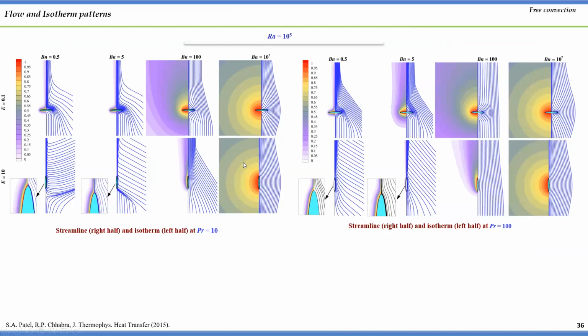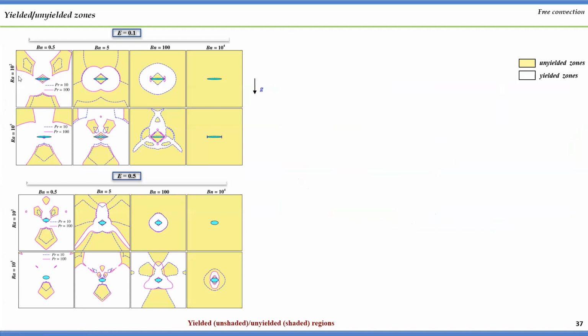So let me take you to the yielded and unyielded region. Whatever results we have shown in the isotherms and streamlines, we are able to relate with the yielded and unyielded region. As the Bingham number increases, all the fluid surrounding this geometry will freeze, and we are not able to see any kind of movement in this domain, and most of the heat will transfer in this fluid by conduction.